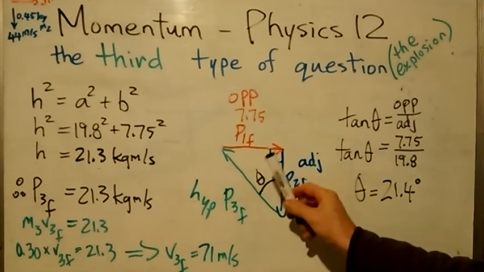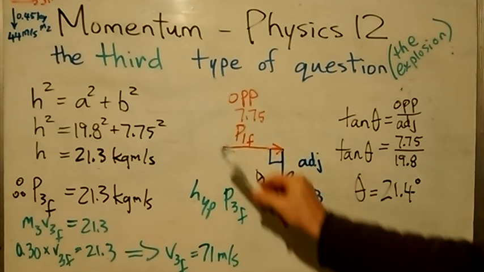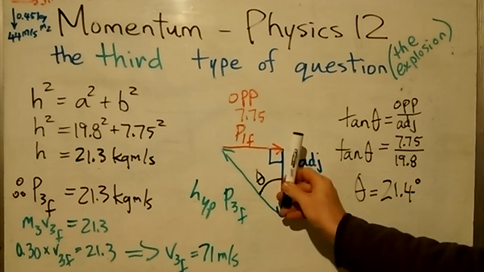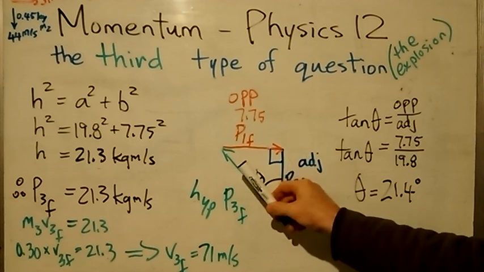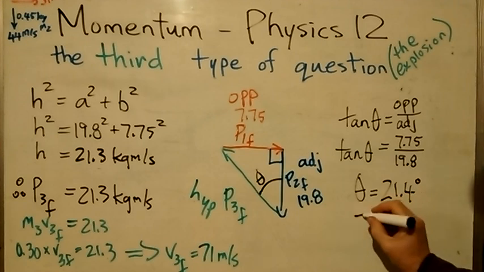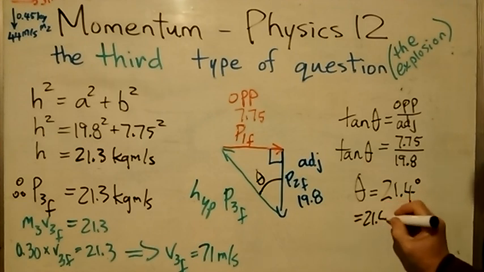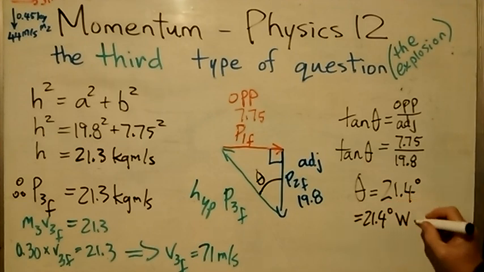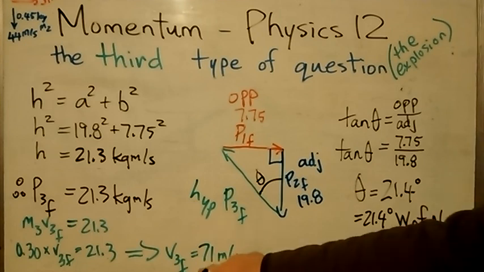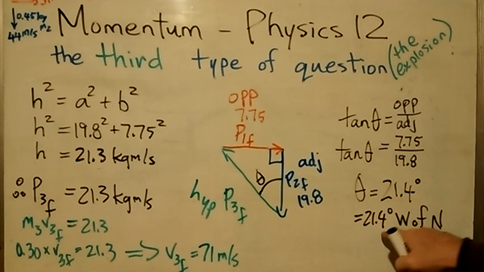So it's not going northwest, it's going 21.4 degrees west of north. Speed, 71 meters per second. Angle, 21.4 degrees west of north. And that is that.